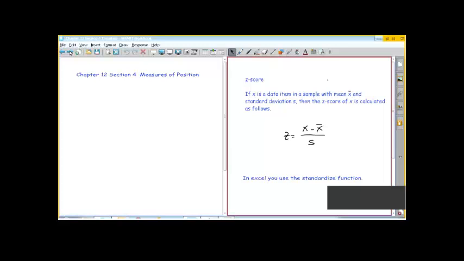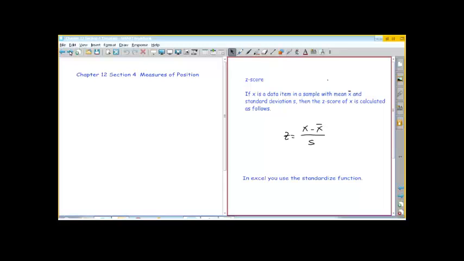Most of them will be within plus or minus 1. All you do is take the data value for the particular data point, subtract the mean, and divide by the standard deviation. So it's basically saying how many standard deviations am I greater than or less than the mean.